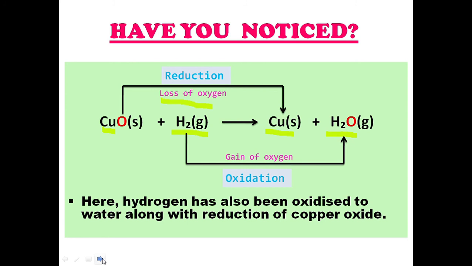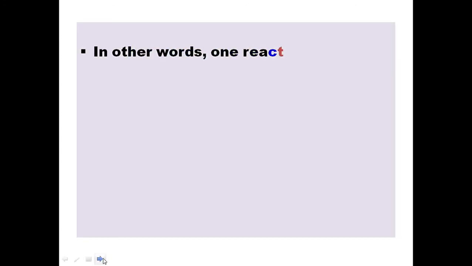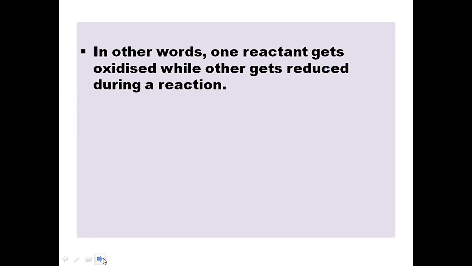So guys, it is very important to know that oxidation or reduction cannot occur alone. This is because if one substance loses oxygen, there must be another substance which gains oxygen. Similarly, if one substance loses hydrogen, there must be another substance which gains hydrogen. Thus, if one substance is oxidized, the other must be reduced during a reaction.